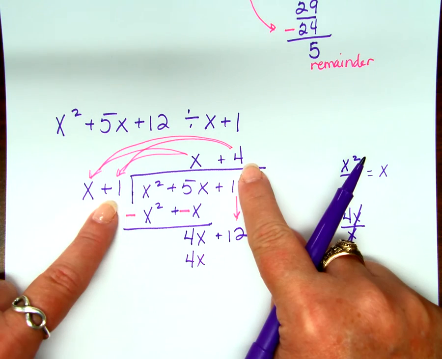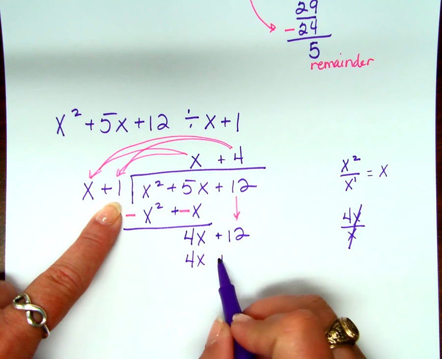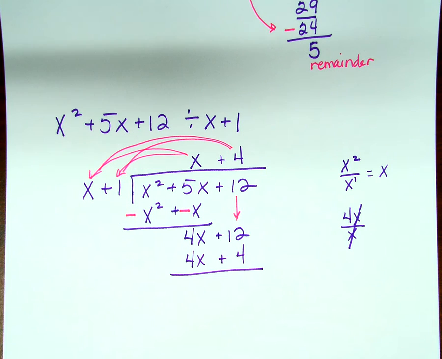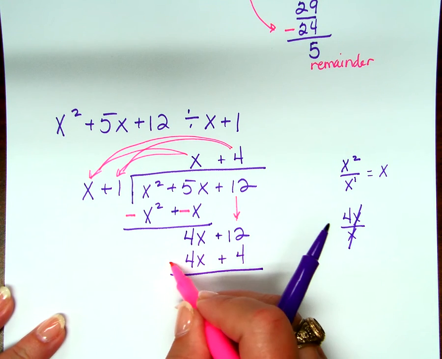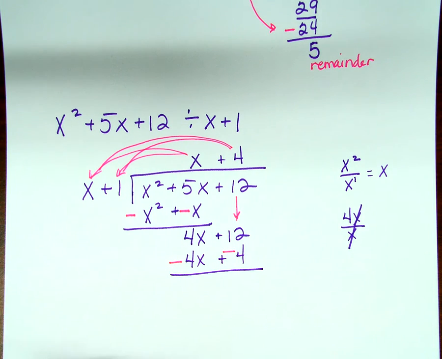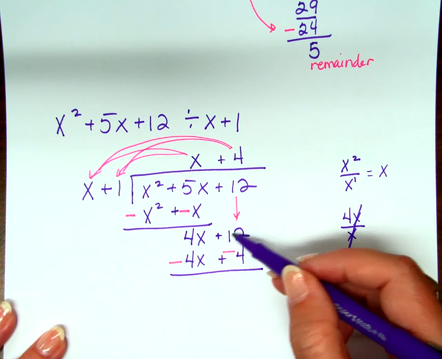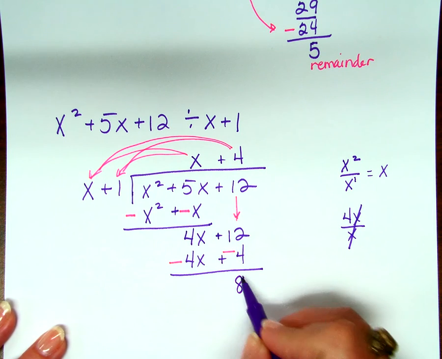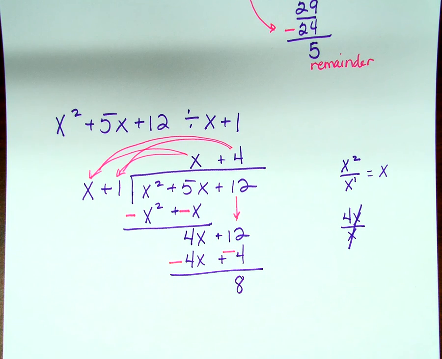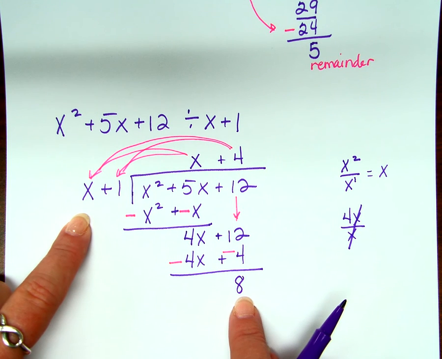What is 4 times 1? 4. What now? Subtract. What's here? 0. What's here? What now? Start over. What's 8 divided by x?